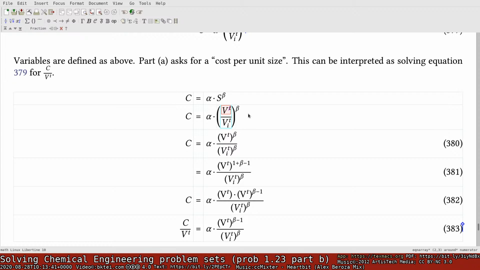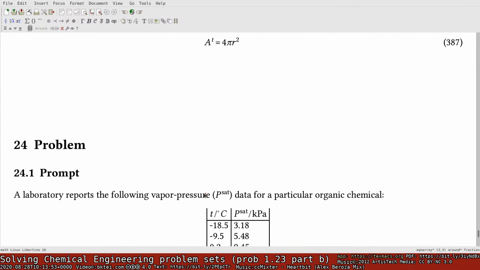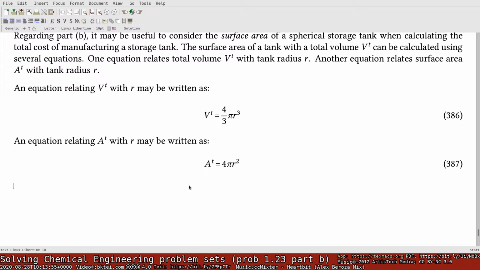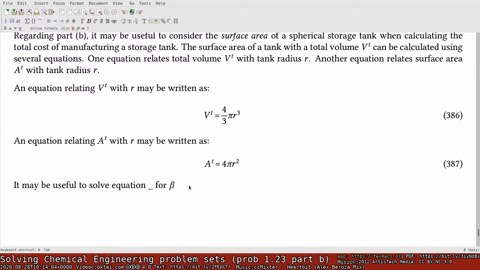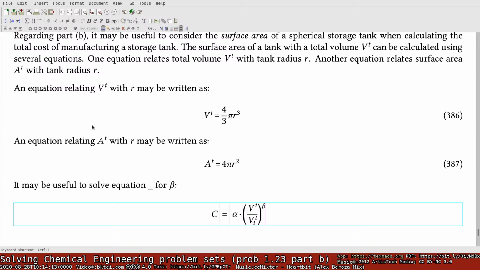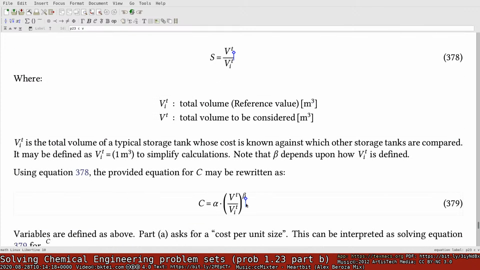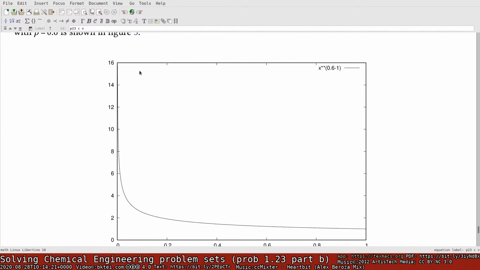You could solve for beta with a logarithm. It may be useful to solve the equation for b or beta. Let's do that. And we have a number for that equation. Yes, we do. It is called p23 CV.